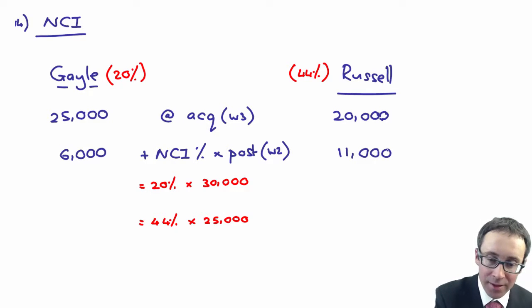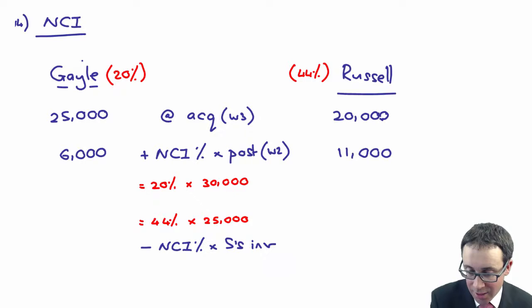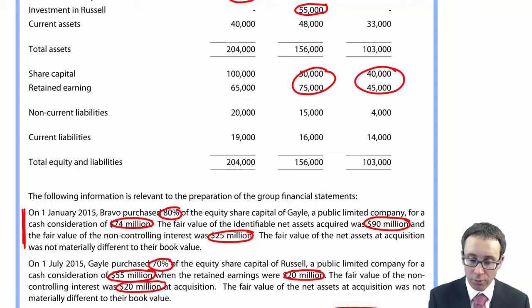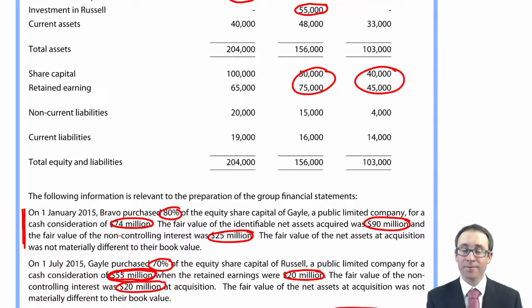The difficulty then is that you need to deduct, don't you, the non-controlling interest share of S's investment in the sub-sub. So S's investment in the sub-sub is that 55 million, isn't it?